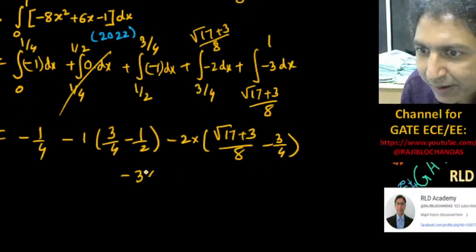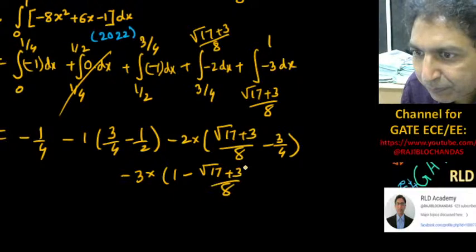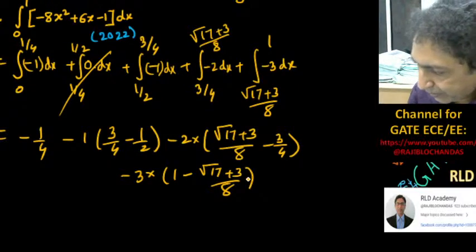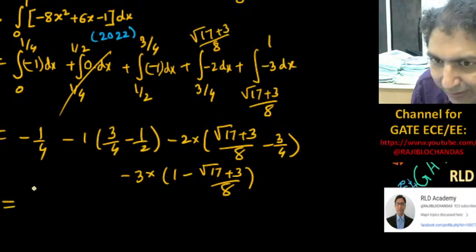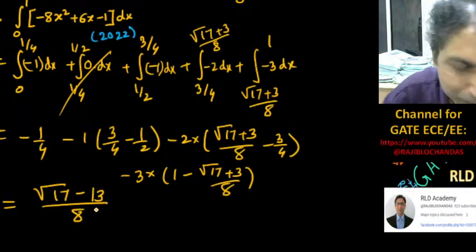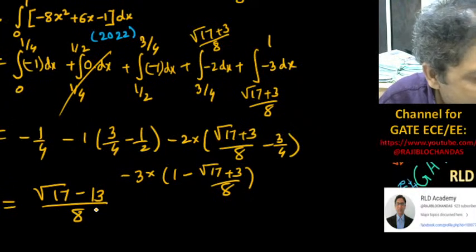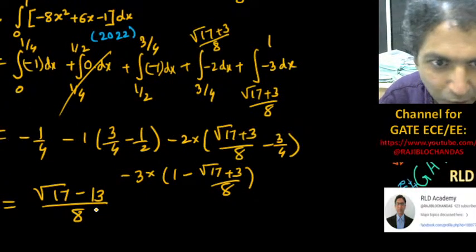This is -3 times 1 minus (square root 17 plus 3)/8. Okay, so if you simplify, you will get the result (square root 17 minus 13)/8. Okay, is it clear? I think it is clear to all of you.